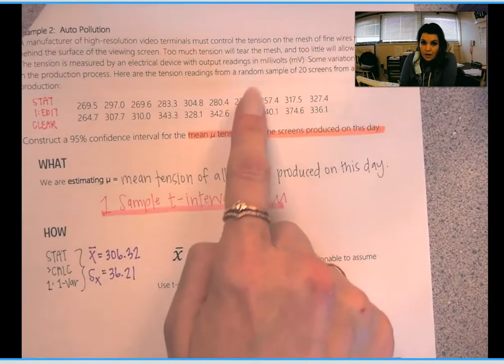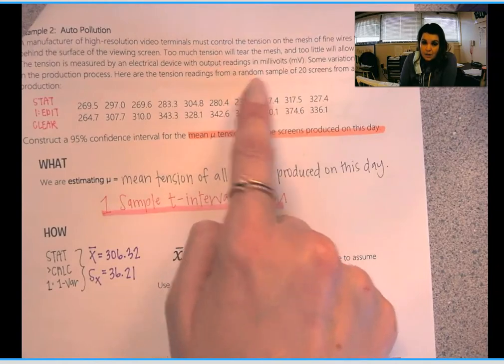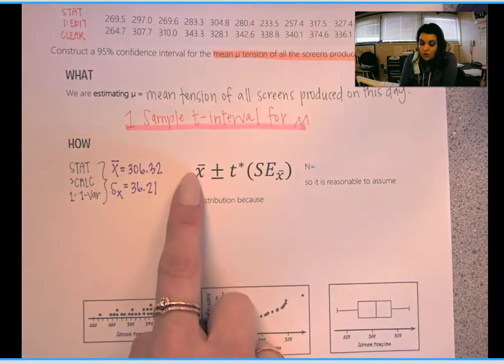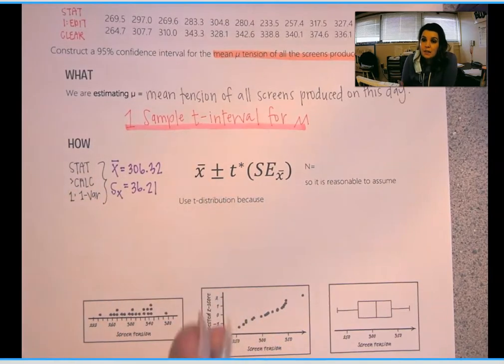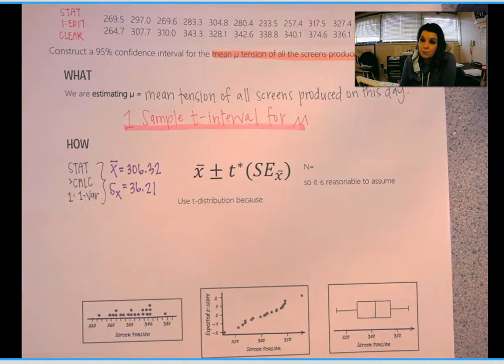And it was right here. It says a random sample was taken. I usually don't write that down because it's not required to earn full credit for this. We just have to make sure that our sample is random so we can make inference about the population.